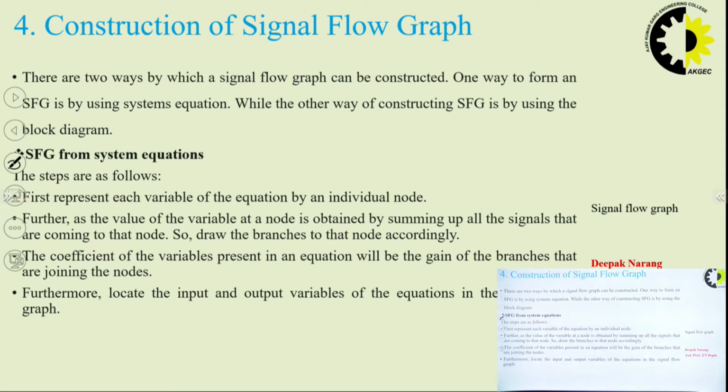For constructing a signal flow graph, basically there are two methods. Either we use the linear algebraic equation, or secondly we use the block diagram for designing the signal flow graph of a system. First of all, if we are having a linear algebraic equation, first represent each variable of the equation by an individual node.